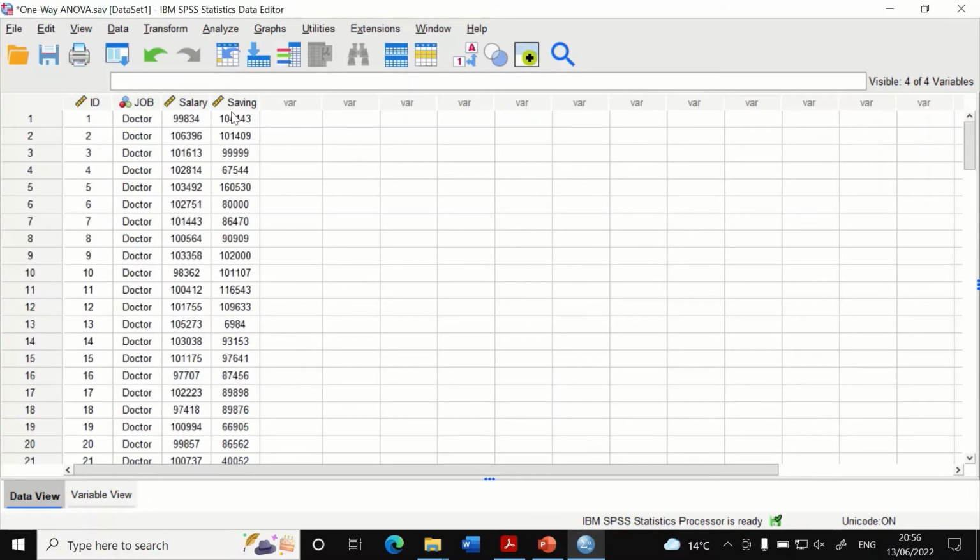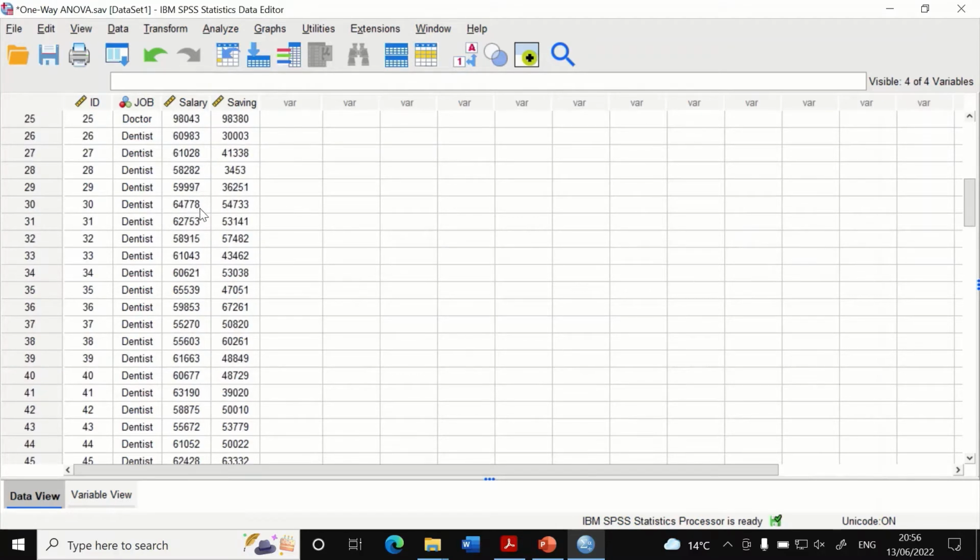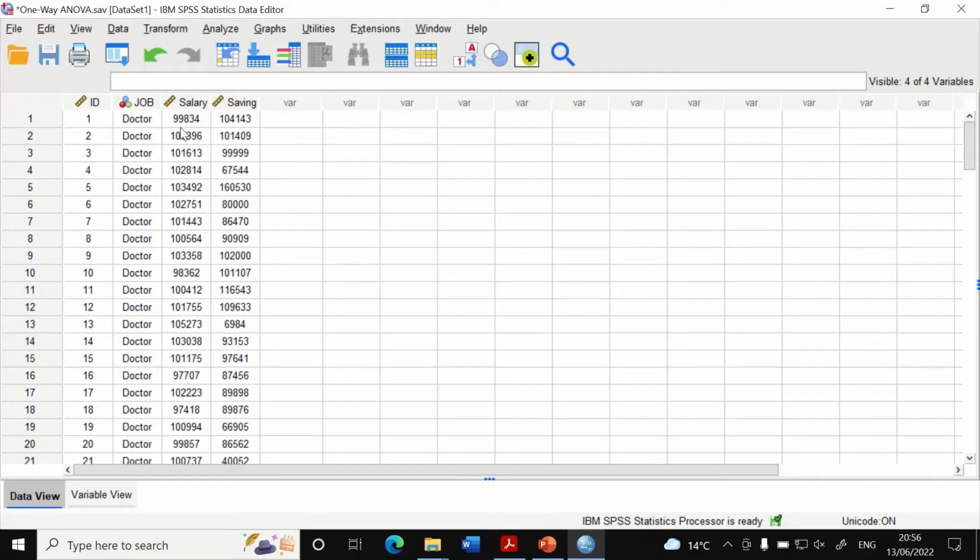And in a third variable I have inserted saving, how much saving those individuals managed to keep in their bank after working for at least 10 years, and the salary is, as I said, measured annually.